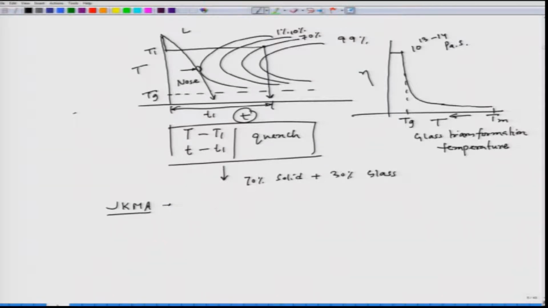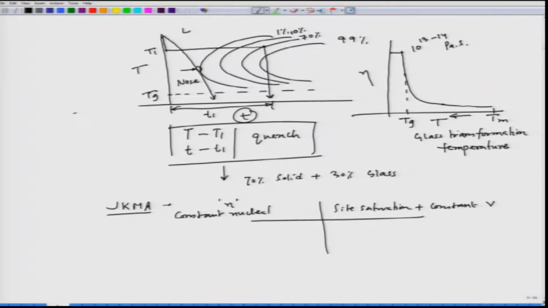For example, in case of n, if we try to see, n varies, let us say I have two different segments. One is site saturation plus constant growth rate, and the other is constant nucleation plus constant growth. n varies like this.